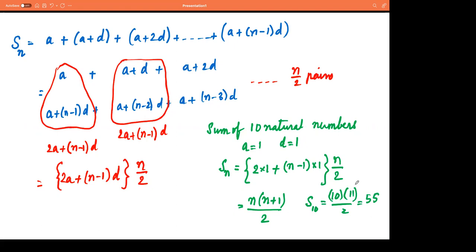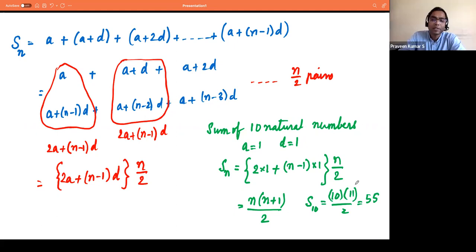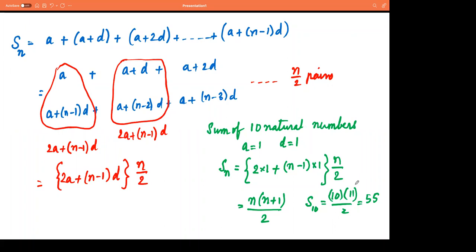Now suppose I ask you, what is the sum of the first 10 even numbers, starting from 2? How will you calculate? n is equal to 10, d is equal to 2, and a is equal to 2.